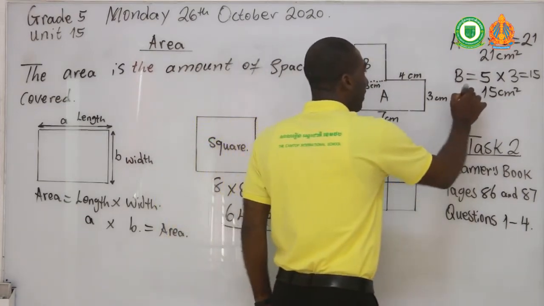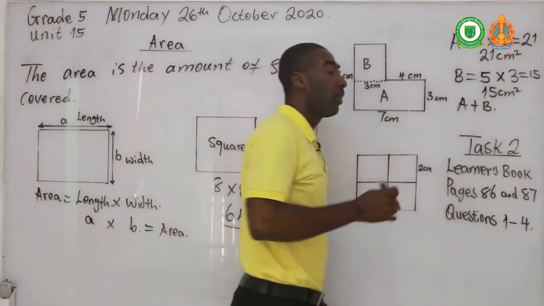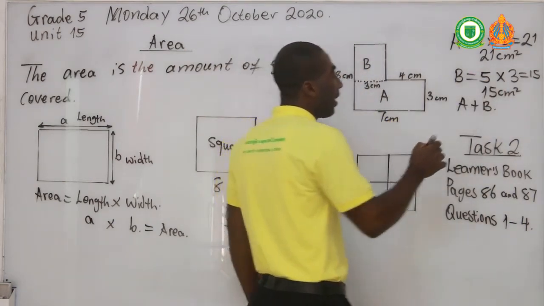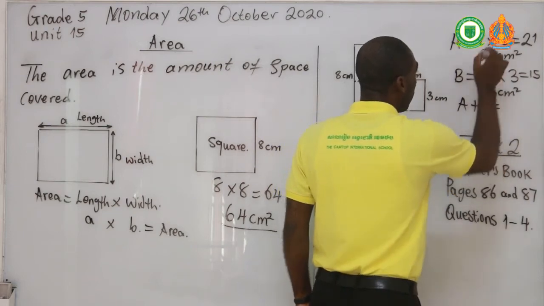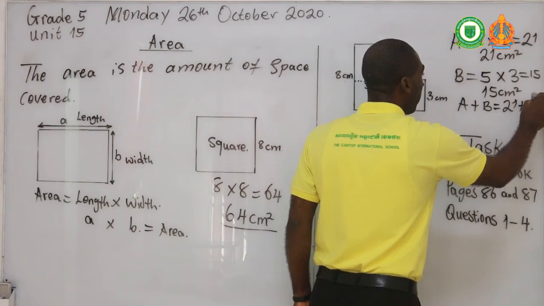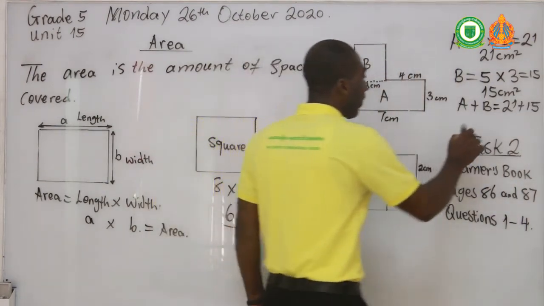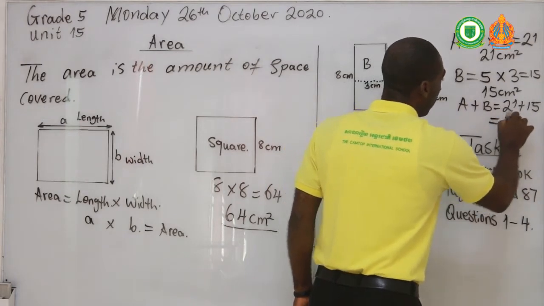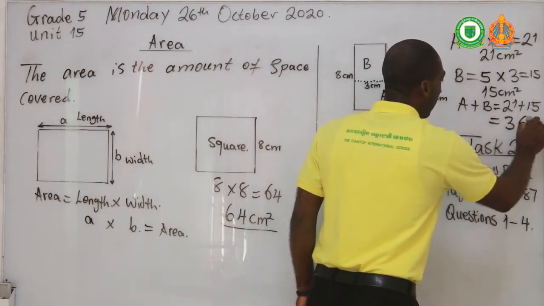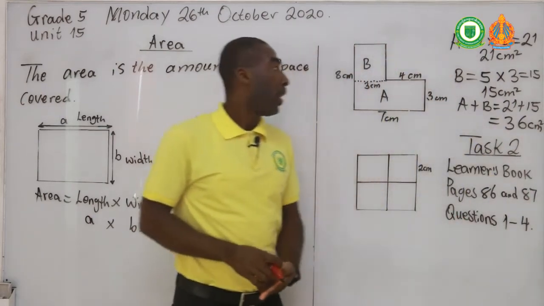Now we need to add A plus B, okay? So once we add A plus B, that will be equal to 21 plus 15, right? And that will be equal to 36 centimeters square.